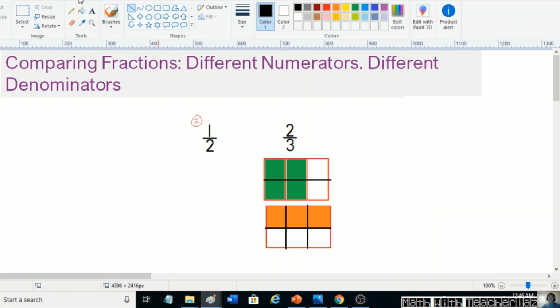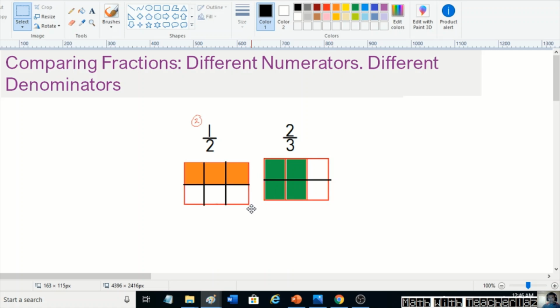And now I want you to notice that 1/2 became 1, 2, 3, 4, 5, 6. It actually became 3 6s.